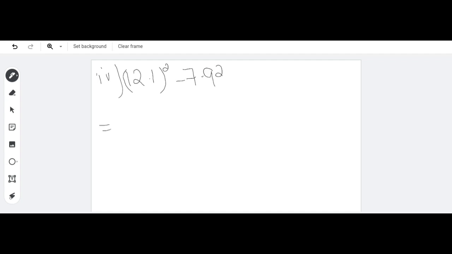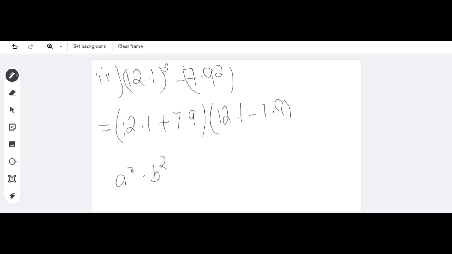So I just have to open it, once for plus, once for minus. 12.1 plus 7.9 multiplied with 12.1 minus 7.9. According to the formula, a square minus b square is equal to a plus b, and then a minus b. Understood? Yes.